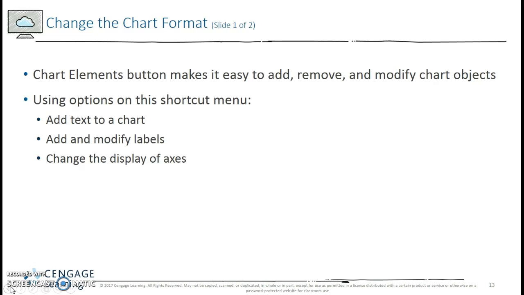These are all called chart elements. For example, the text of the chart might be the name. You can modify the labels. Instead of saying square inches, you could say feet, or you can do all kinds of things like that. And you can change the display of the axis.